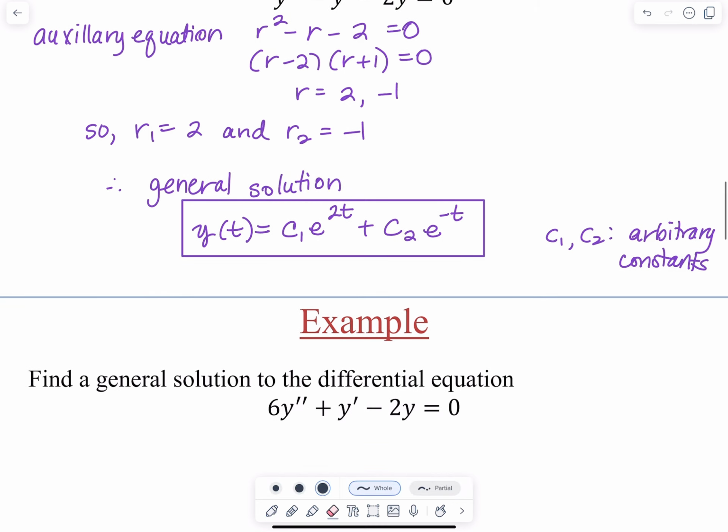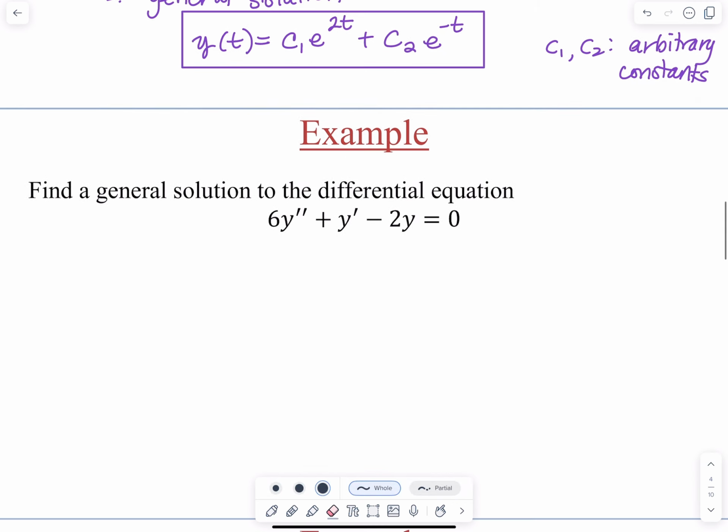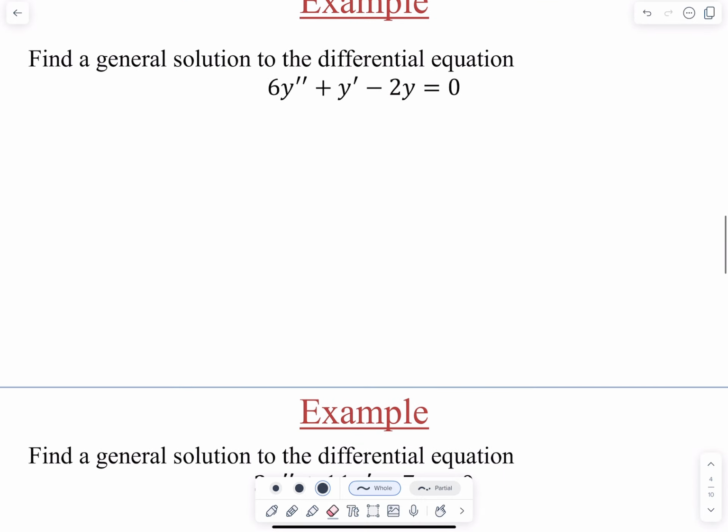Okay, let's look at our next example. Find a general solution to this differential equation, 6y double prime plus y prime minus 2y is equal to 0. So our auxiliary equation is 6r squared plus r minus 2 is equal to 0.